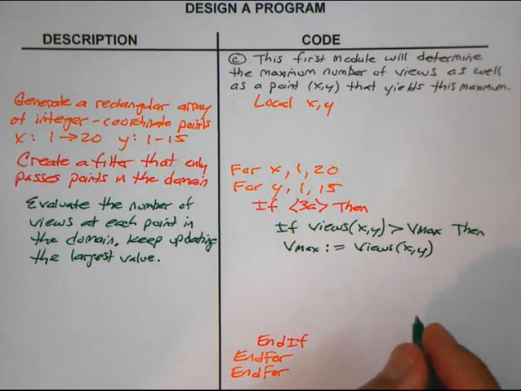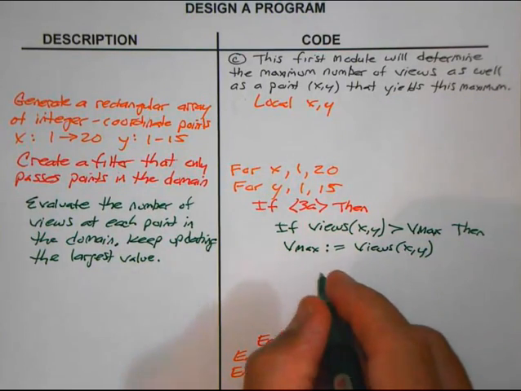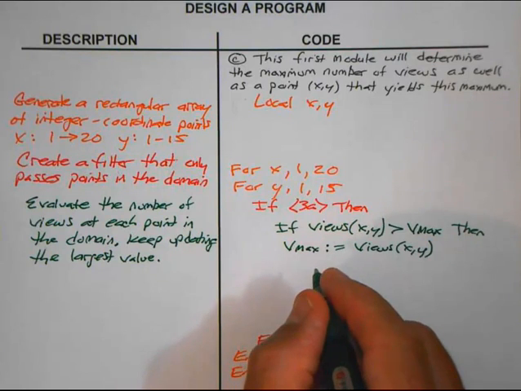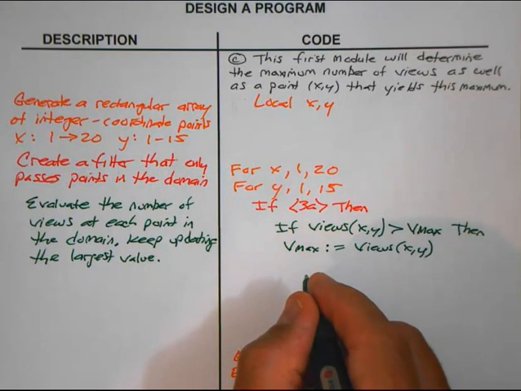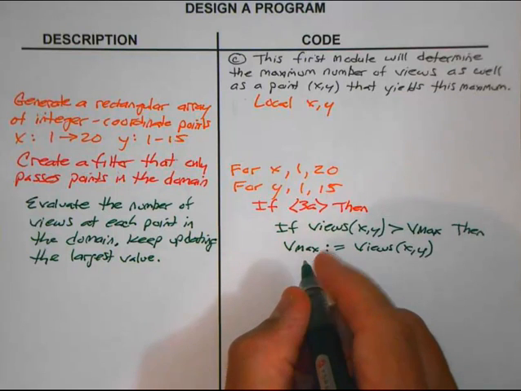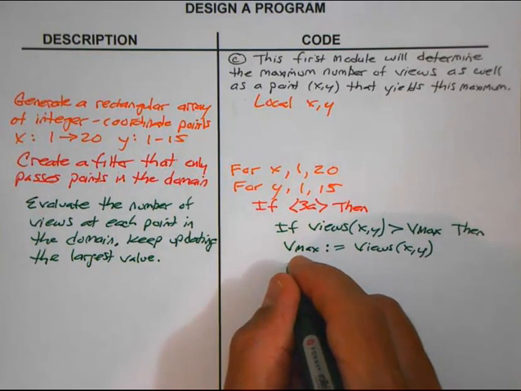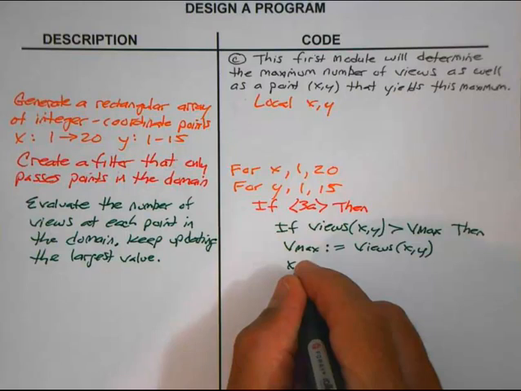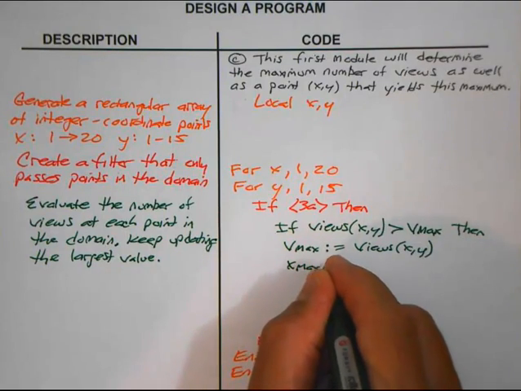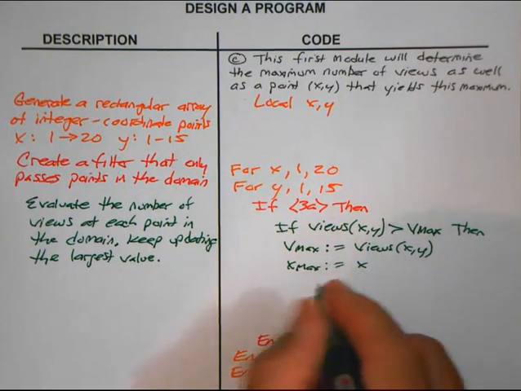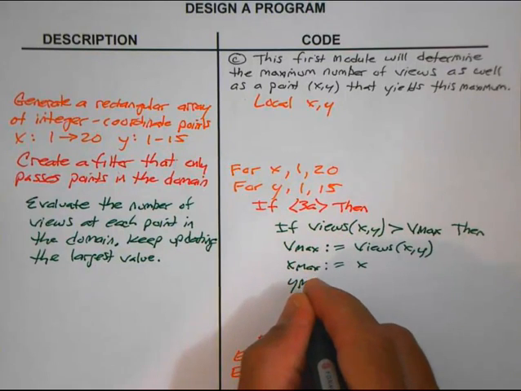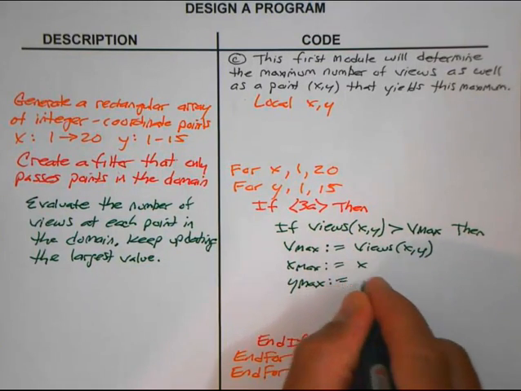We can keep track of the corresponding x and y coordinates at which this maximum occurs. We can call them x max and y max, so we could update them. X max, assign that to be x, and y max, assign that to be the y.